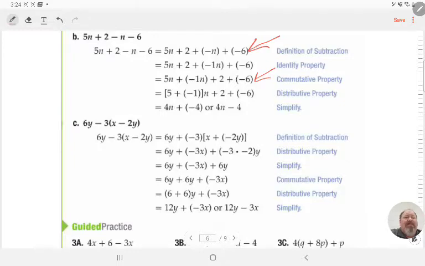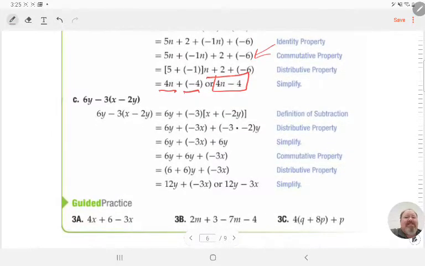We have 5n plus negative 1n, and we have 2 plus a negative 6. Then we simply combine the like terms. 5 plus a negative 1 is 4n, and then 2 plus a negative 6 is negative 4, so I'd simply write that as 4n minus 4.